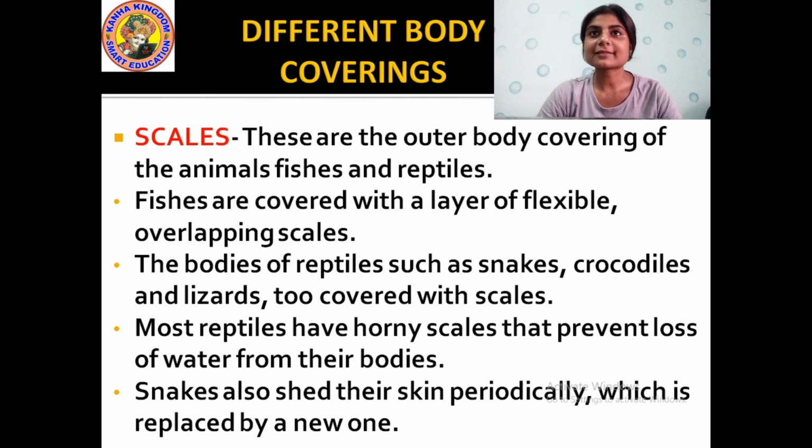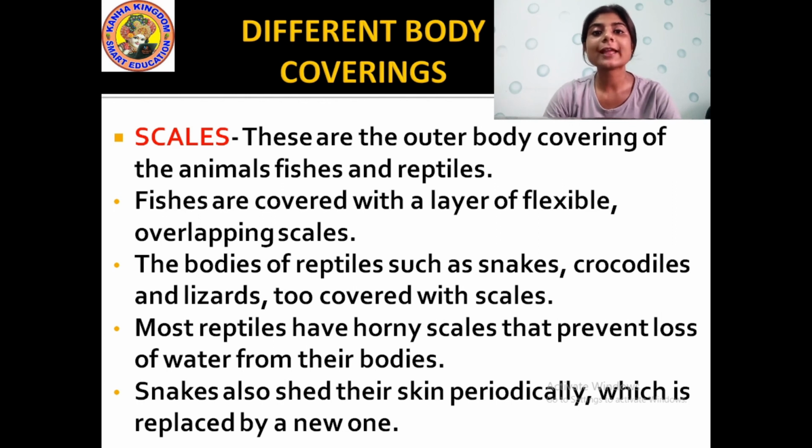So now students, let us study about scales, the different body coverings. First we will study about scales. What are scales? These are the outer body covering of animals like fishes and reptiles. The snakes, the crocodiles, the lizards are considered to be reptiles.